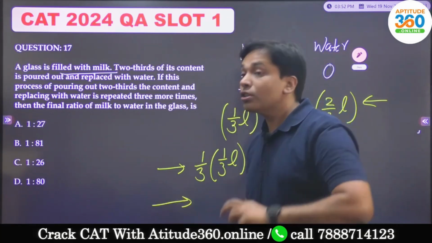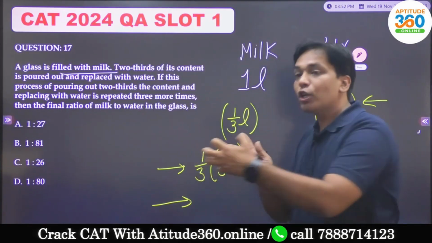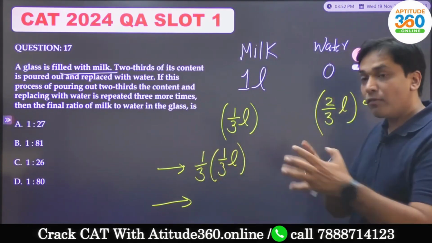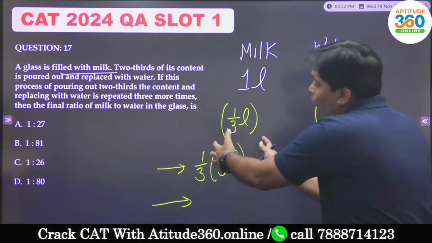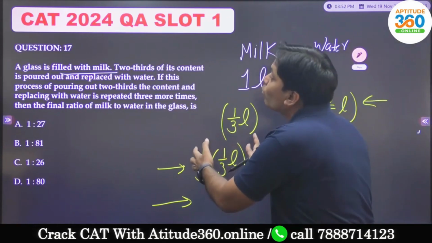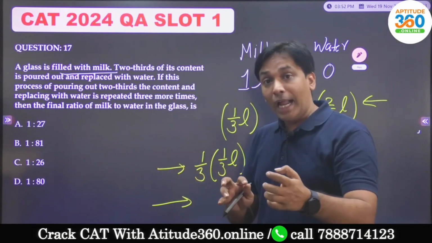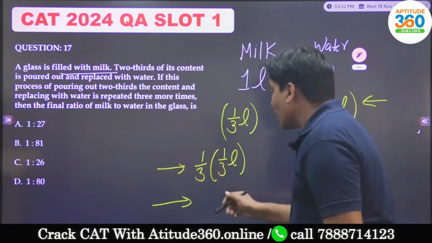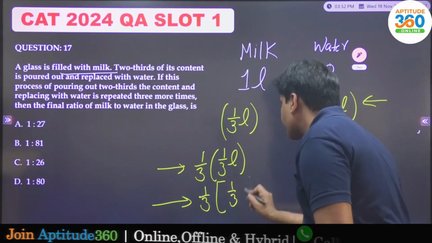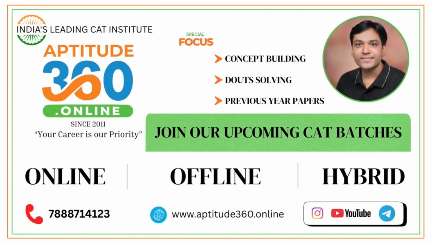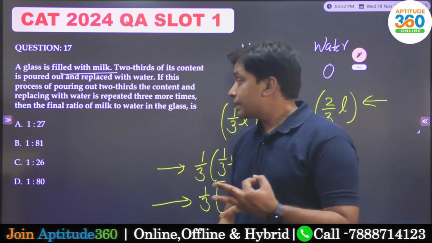In the third replacement, again 2/3 of the milk goes out and it is replaced with water, and the milk is not coming back. So again you're left with 1/3 of this value. And this is done 3 times.